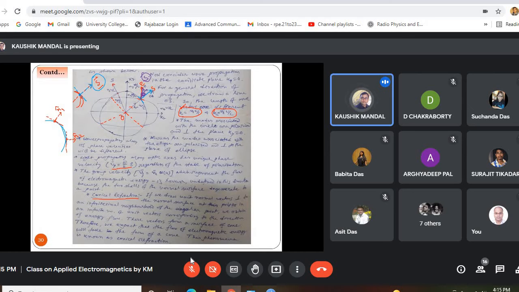But at this particular crossover point, the energy flow due to the propagation of the light wave will not flow along a single line. Rather, the energy flow will be formed in a conical form. That's why this type of refraction phenomenon is known as conical refraction.